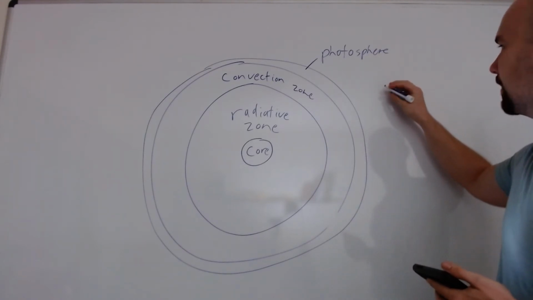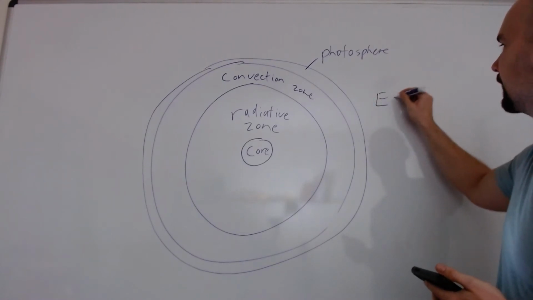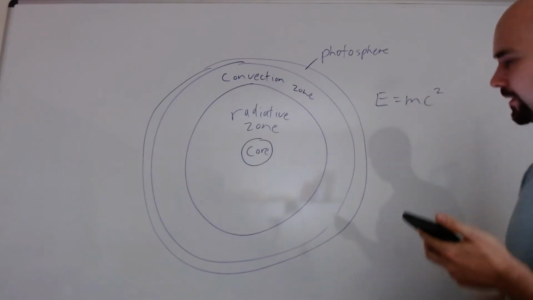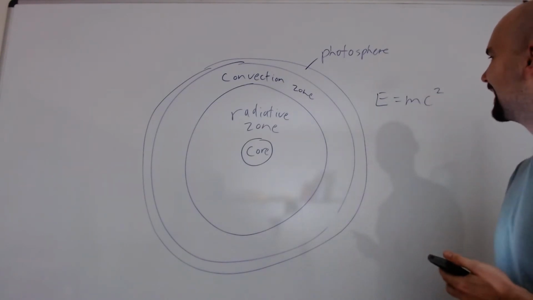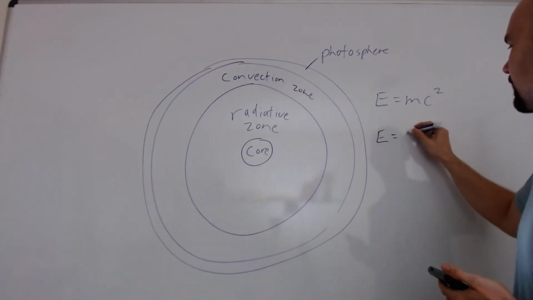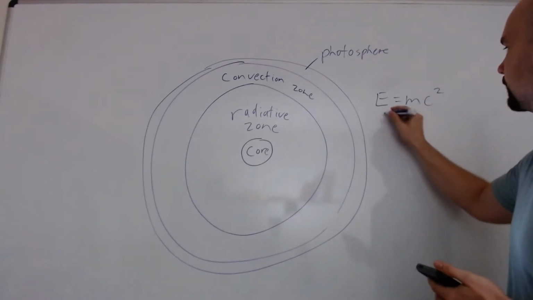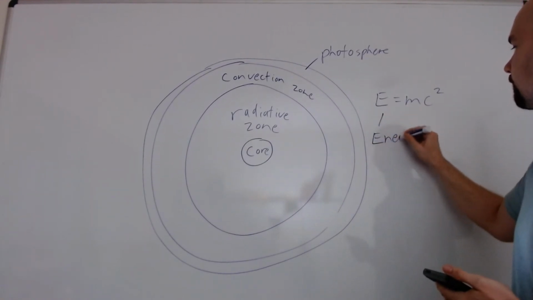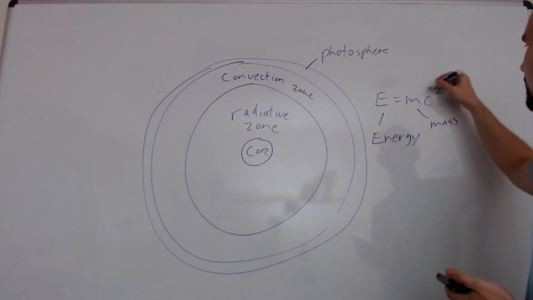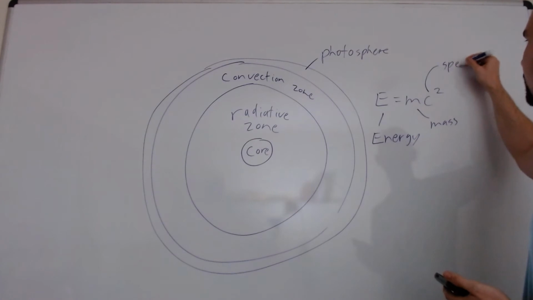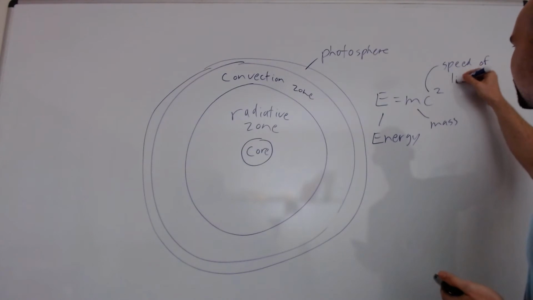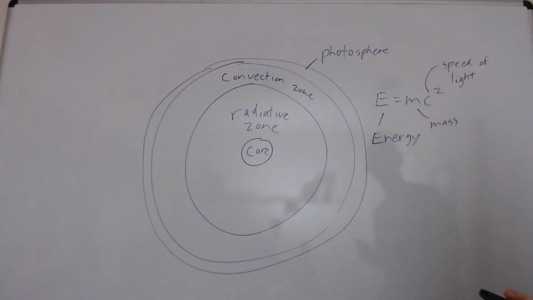Sorry, Einstein's special theory of relativity, E equals mc squared. That means energy equals mass times c, which is the speed of light, which as we discussed last module is very, very fast, squared.